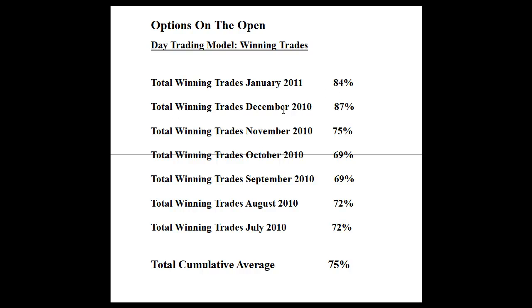Total winning trades in December 2010 was 87%, November 75%, October 69%, September 69%, August 72%, and July 72%, for a total cumulative average of winning trades of over 75% actually.